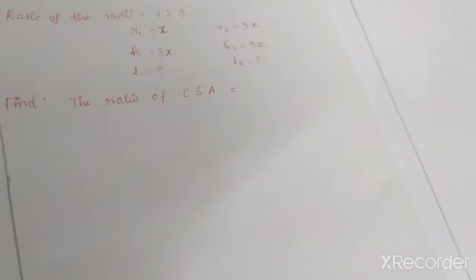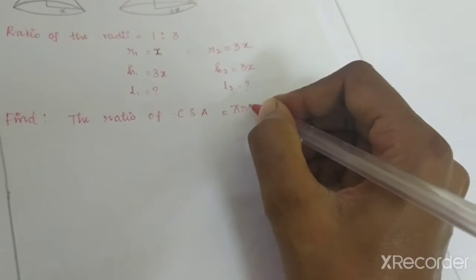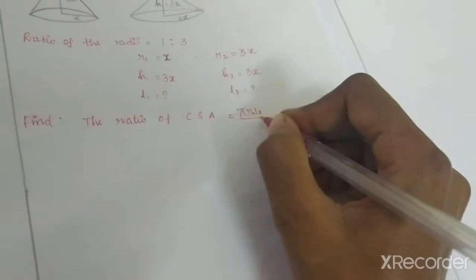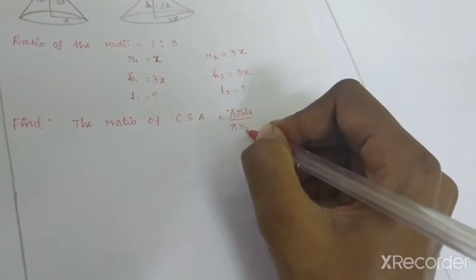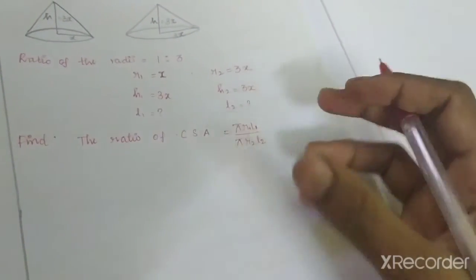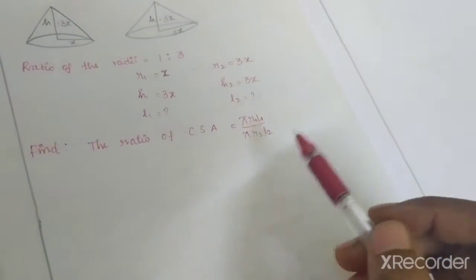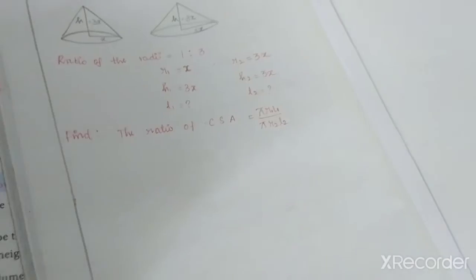Cone formula is pi RL. So the ratio means pi R1 L1 divided by pi R2 L2. If you're dividing, you're getting a ratio, right? So I'm getting like this. But I need L1 and L2, right?